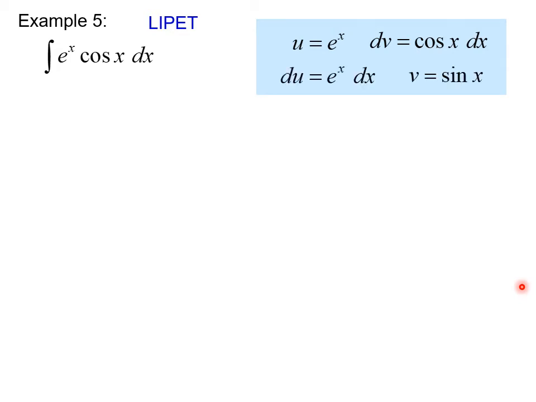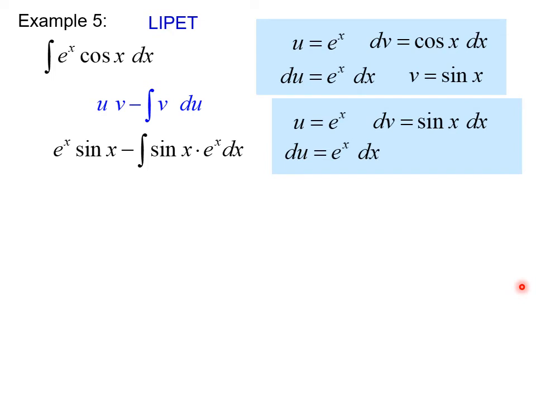Yes, and our result will be e^x sine x minus the integral of e^x sine x. So we find something. What do we find? e^x sine x again. It's difficult to integrate this, so what will we do?